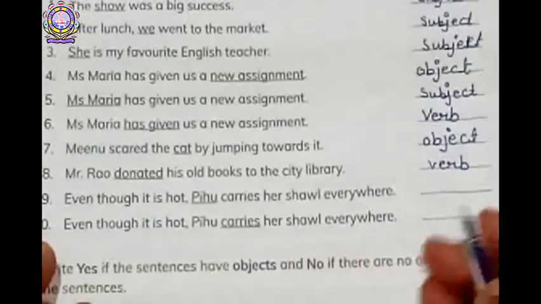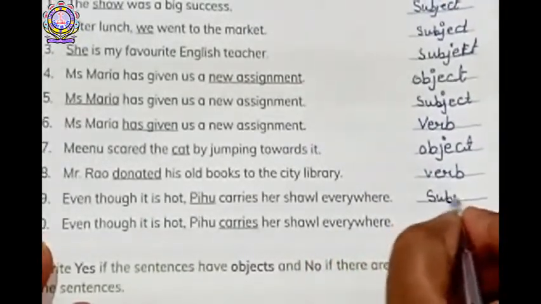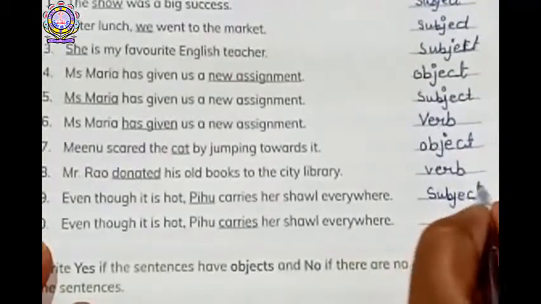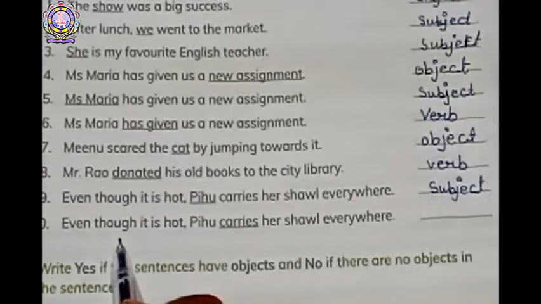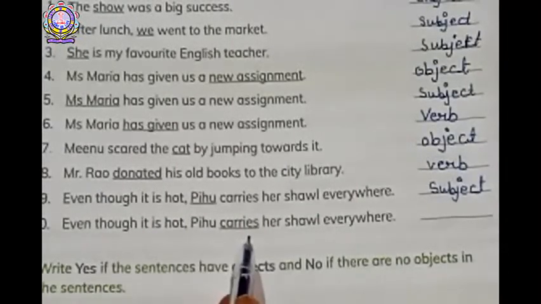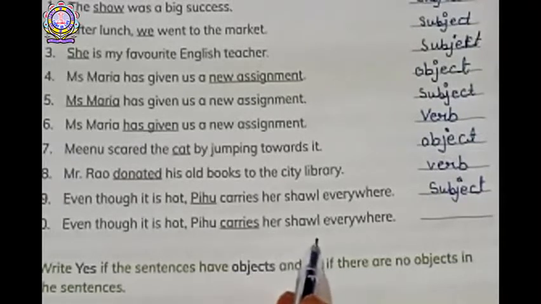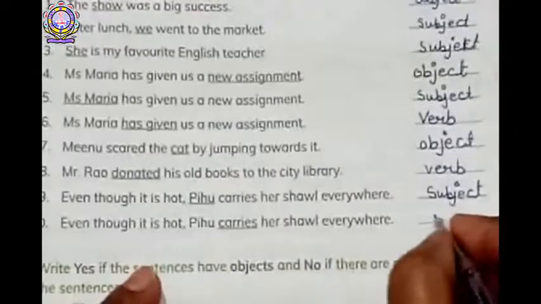So, Pihu, you know its name, so subject. And the last one: even though it is hot, Pihu carries her shawl everywhere. So this time the word carries, carries will be the verb.